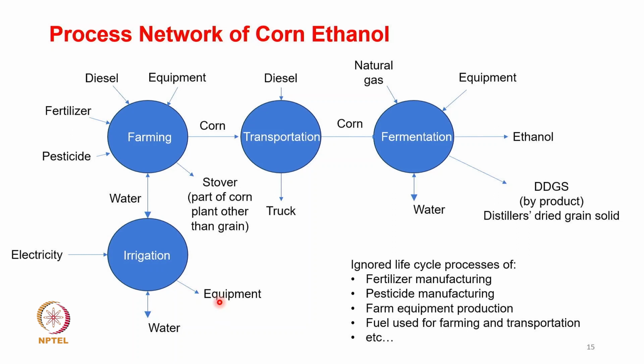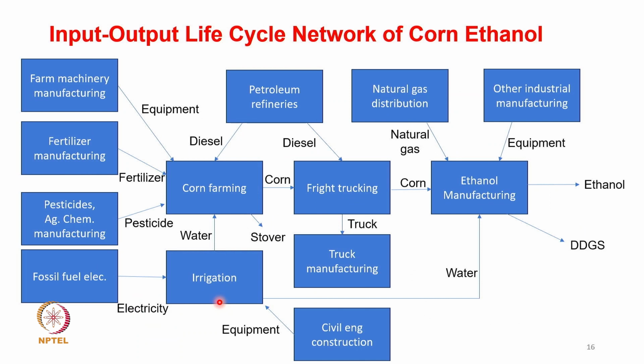Now let us see how we develop the input output network for corn ethanol. We see that the ethanol manufacturing is right here, and you get ethanol and the byproduct, and that requires the feeding of corn, natural gas and equipment. For natural gas, you have a value chain for natural gas distribution, you have a value chain for other industrial manufacturing, and you are sending in water.